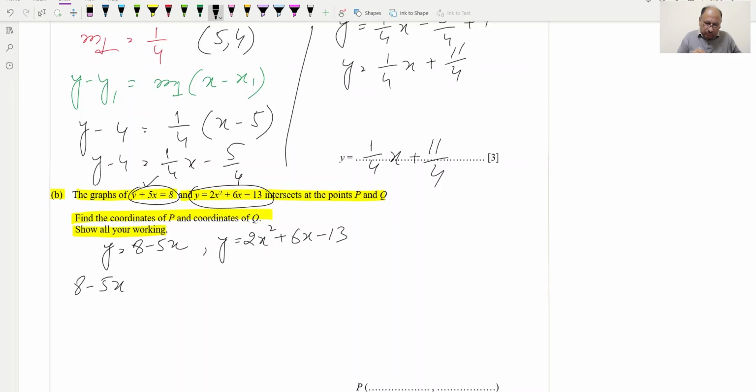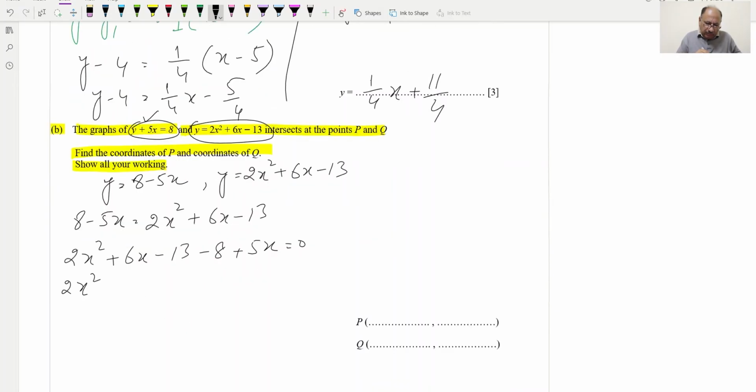Now we will be equating these two equations, and 8 minus 5x is equal to 2x squared plus 6x minus 13. We can shift everything to the other side, and we will get 2x squared plus 6x minus 13 minus 8 plus 5x is equal to 0. Now adding the like terms, we'll get the quadratic equation: 2x squared plus 11x minus 21 is equal to 0.